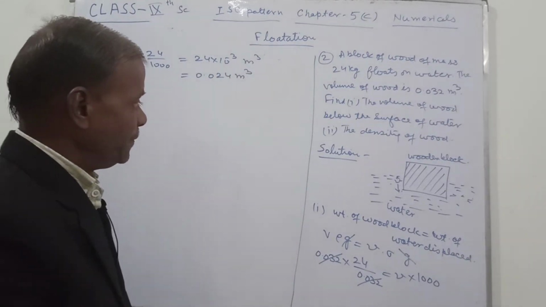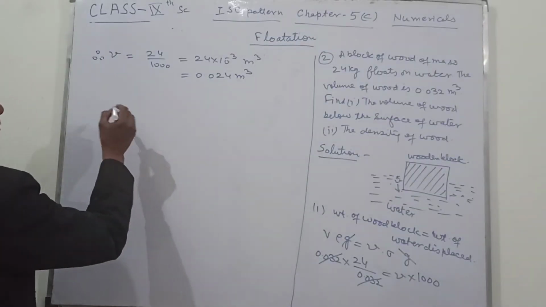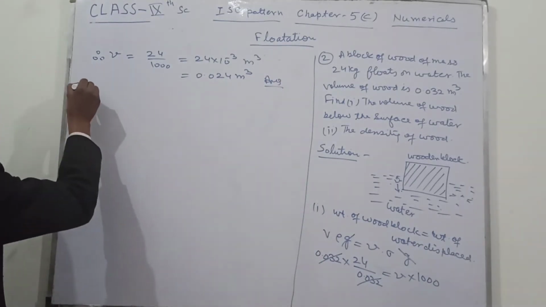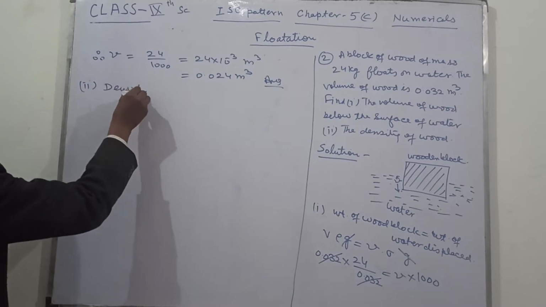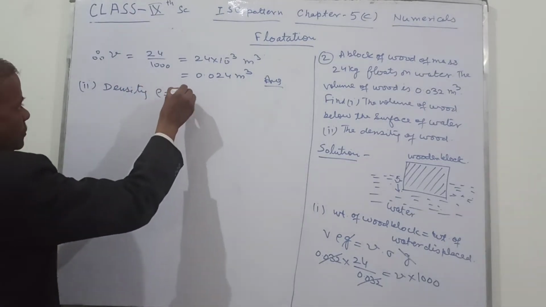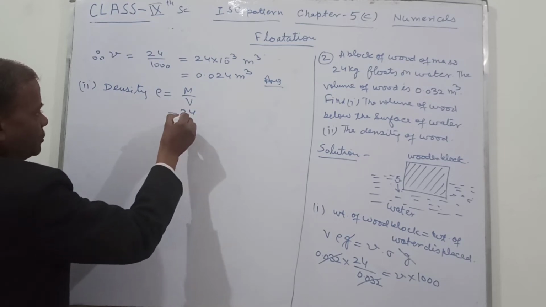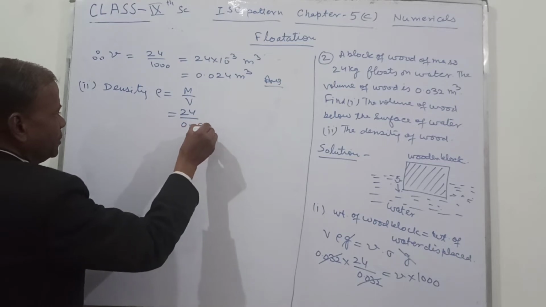So this much volume will be inside the water. This is the answer to the first question. Now second, the density rho is equal to m upon V, where m is 24 and V is 0.032.